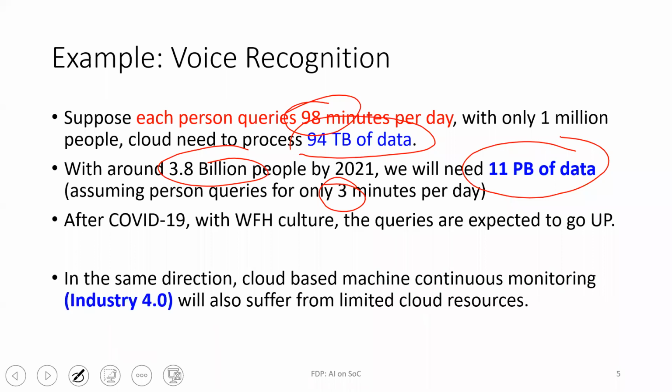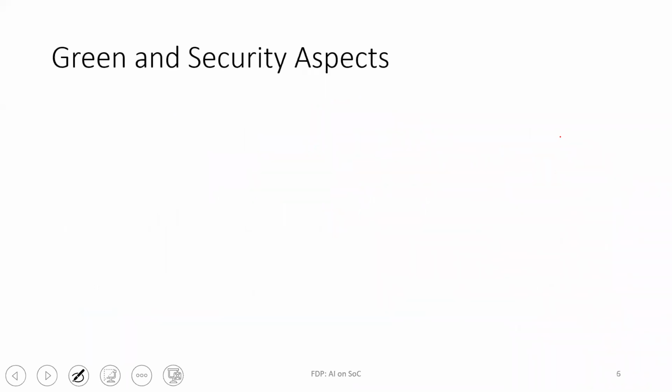Now we are talking about Industry 4.0 and a lot of automation in the industry, vehicular networks. You can see that more data will be captured and sent to the clouds, and this is going to make life even more difficult.